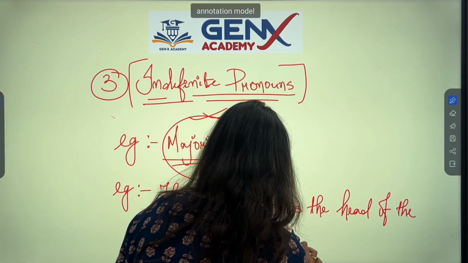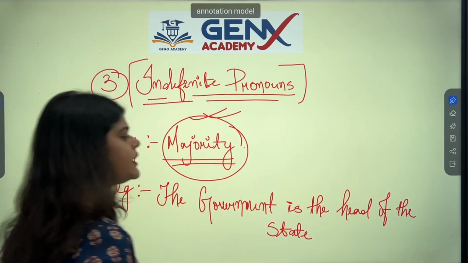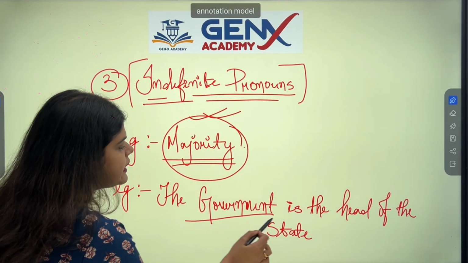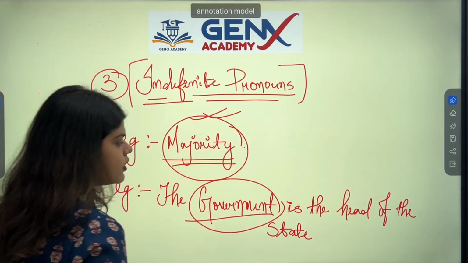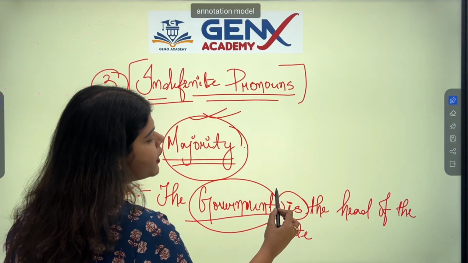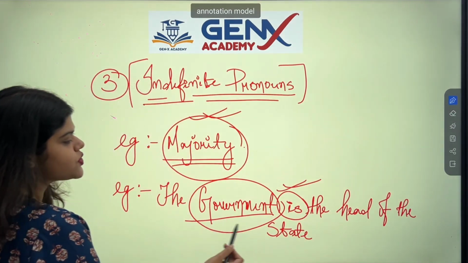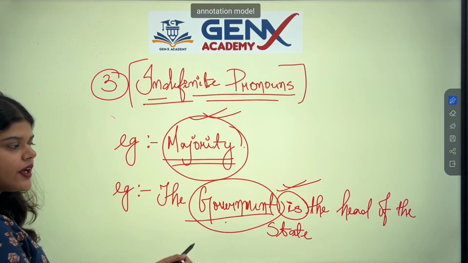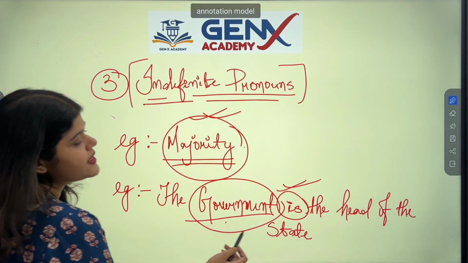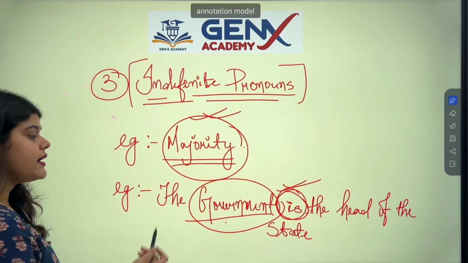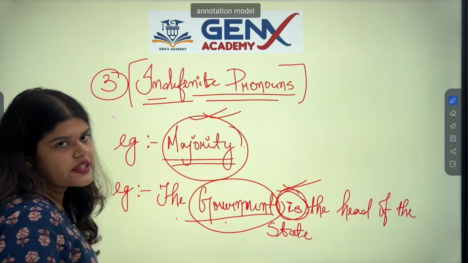if I say that the government is the head of the state, here the word government is a collective noun which is denoted by a singular verb again. So if a collective noun is used with indefinite pronouns, this has to be denoted with a singular verb. I will not say that the government are the head of the state.